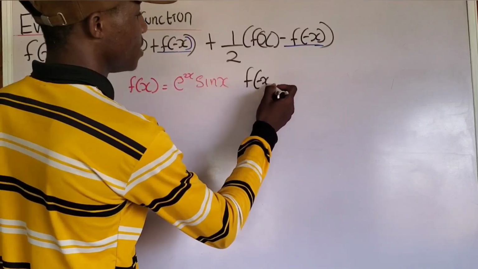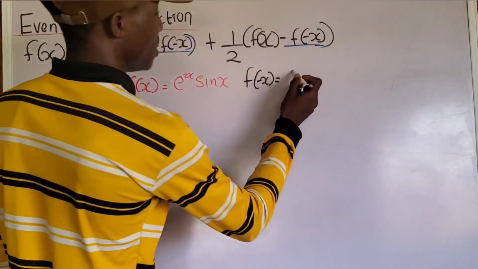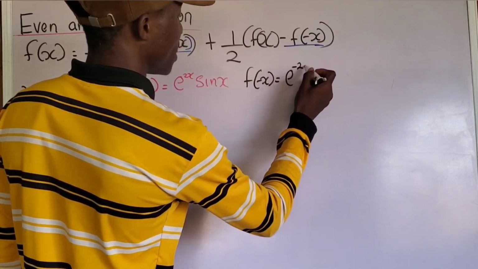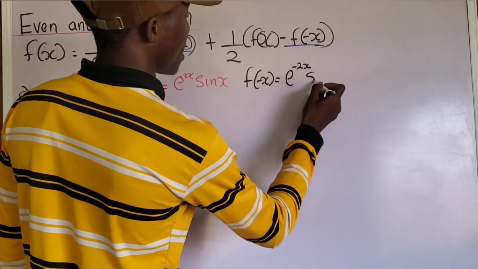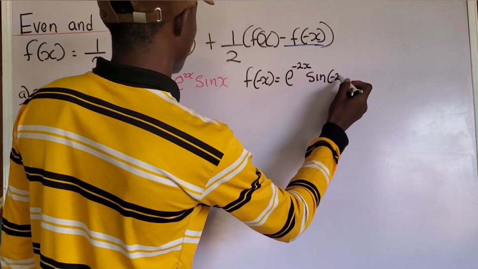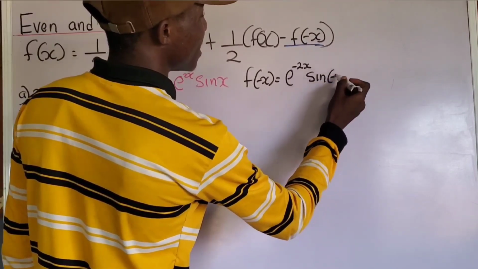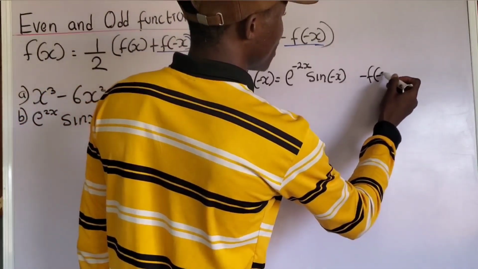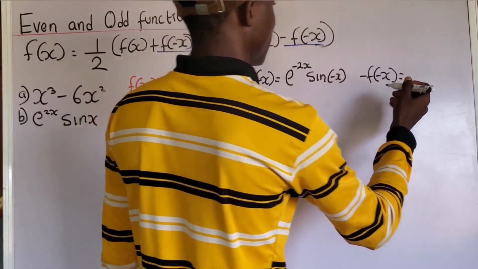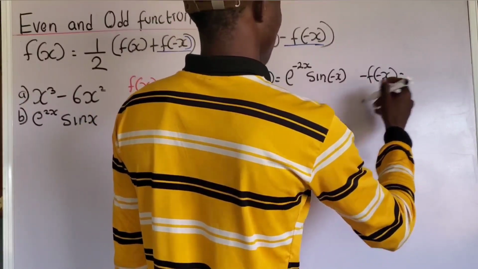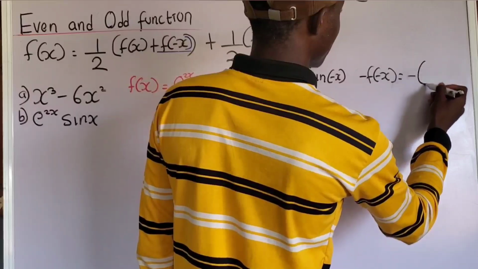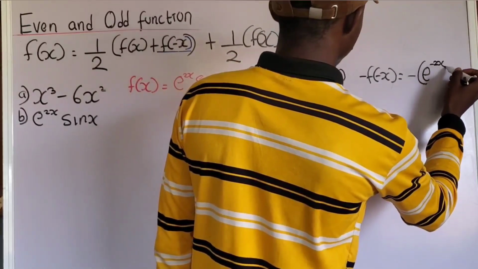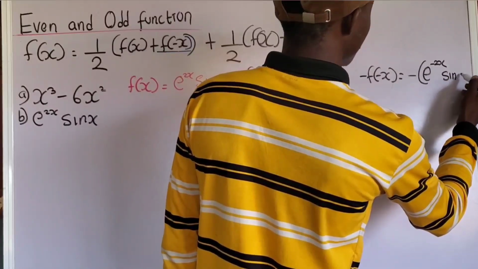F of negative x will be negative 2x sine negative x. Okay, and then negative f of negative x will be minus, please pay attention, negative 2x sine negative x.